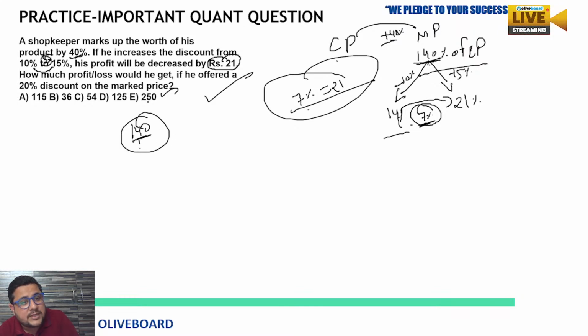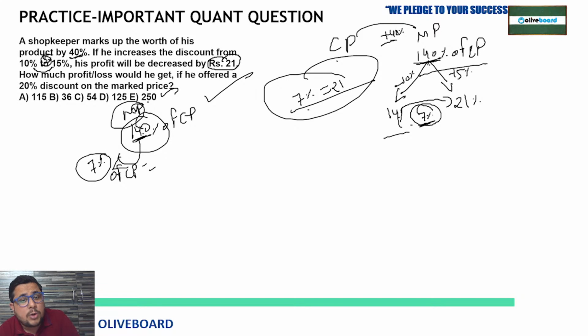So 5% of 140, the marked price with respect to the cost price, is going to be 7% of the cost price. The profit decreases by 21 rupees.